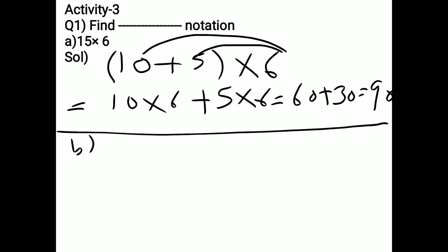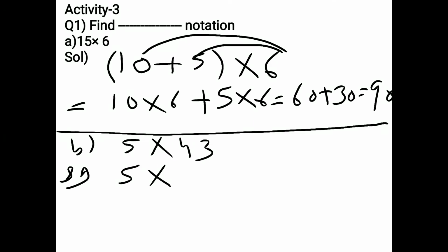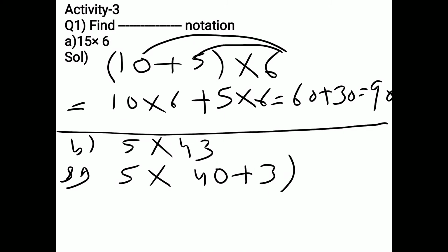Now we will do B part. Here B part is 5 into 43. Solution. As it is 43, we write 40 plus 3. Clear? Now what do I do?